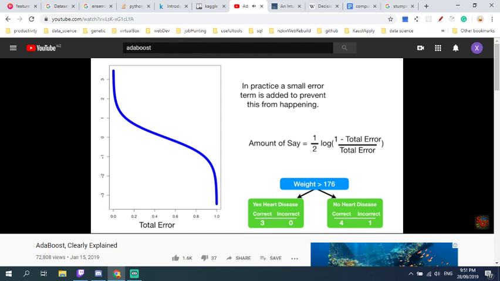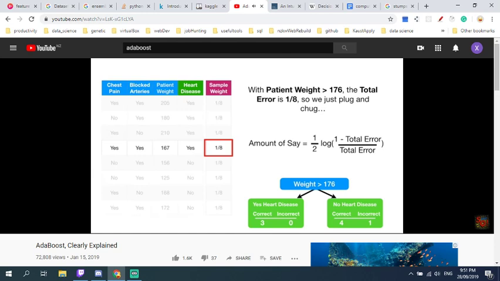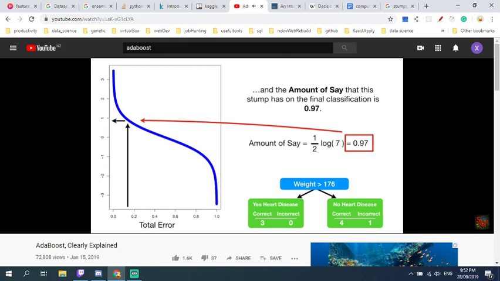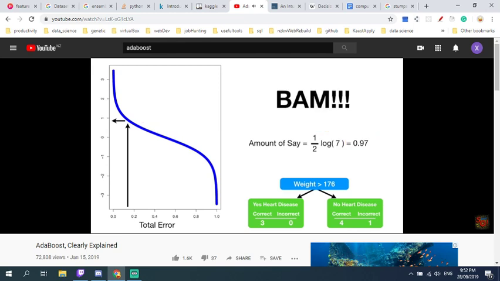In practice, a small error term is added to prevent this from happening. With patient weight greater than 176, the total error is 1/8, so we just plug and chug. And the amount of say that this stump has on the final classification is 0.97.